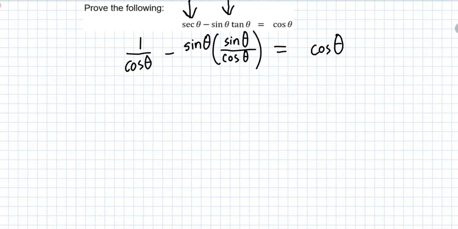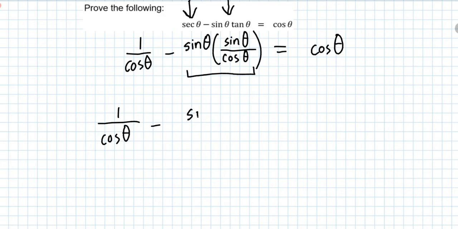Very good. We can complete this step by multiplying this term. So we'll have 1 over cosine theta minus sine theta multiplied by sine theta on the top, the numerator, gives us sine squared theta, and that's over cosine theta.